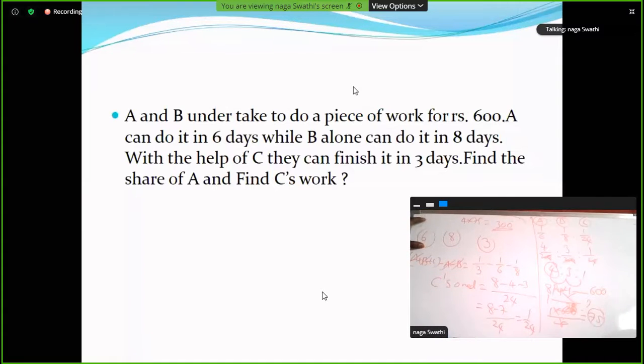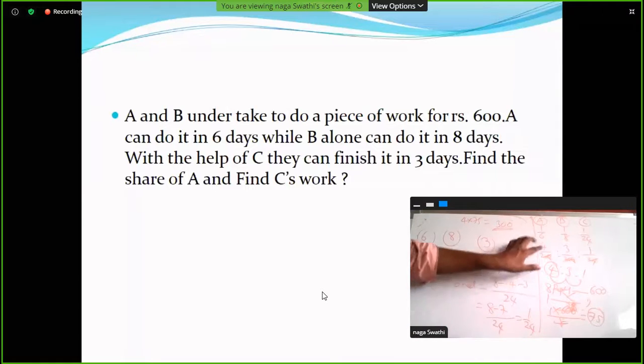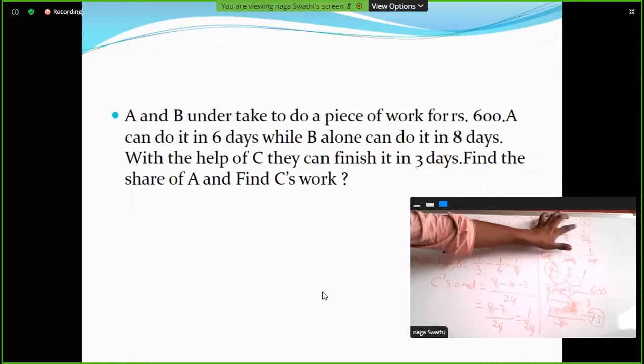Okay. Simple. A can finish the work in 6 days. B can do it in 8 days. A plus B plus C in 3 days. Clear? 1 by 3 minus A value minus B value, we'll get C value. So that is 1 by 24. So this is about 1 day's work.